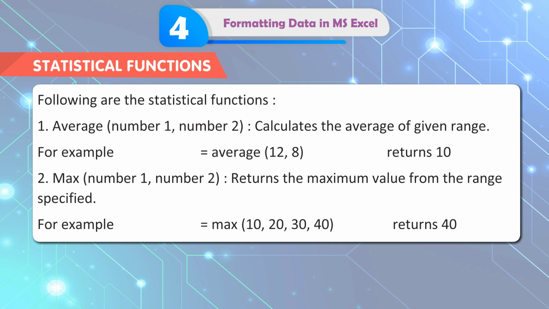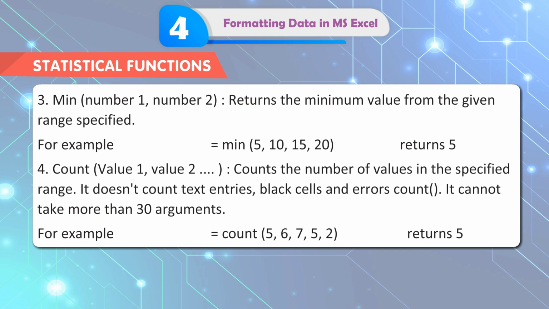For example, =MAX(10,20,30,40) returns 40. 3. MIN(number1, number2) returns the minimum value from the given range specified. For example, =MIN(5,10,15,20) returns 5.